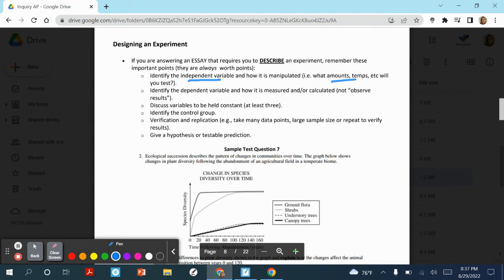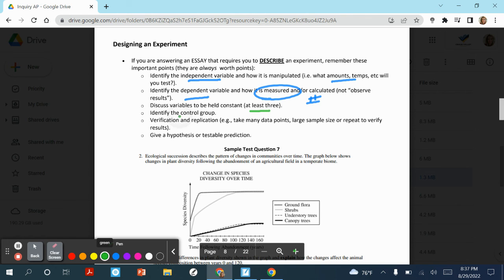You need to tell me what the dependent variable is. Remember, it has to be measurable. It needs to be something that is telling me a number to collect. So write down the number of species or record the temperature of the water, etc. So it has to be a number. You need to mention at least 3 things to keep constant to get that point.